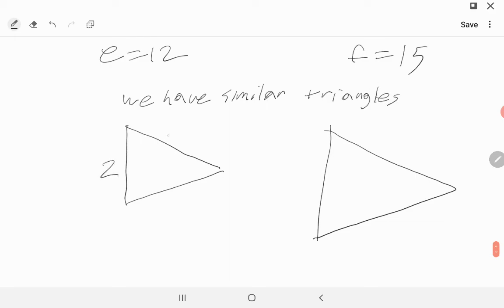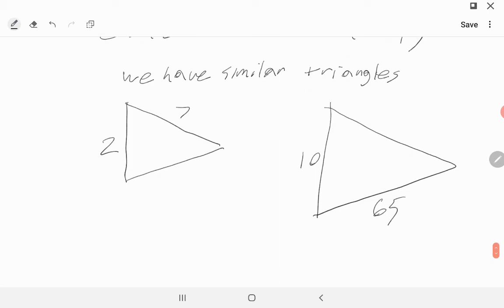If we said that's 2 and this is 7, and we said this is 10 and this is, let's make it 65, we notice that this actually points up something else interesting. We notice that we're claiming these are similar triangles. We notice that that means that 10 divided by 2, we'll just name this B, and this we'll call A, B, C, D, E, F.